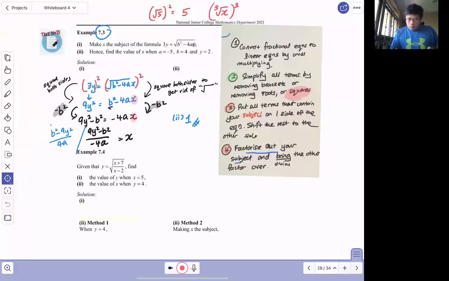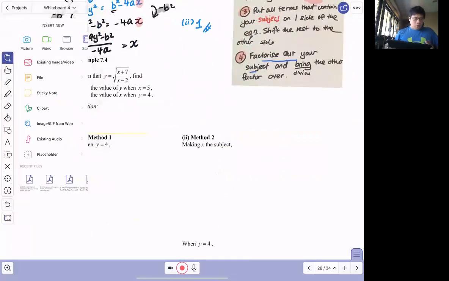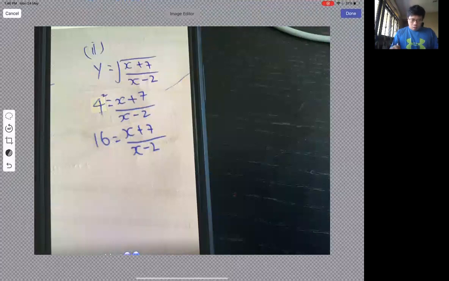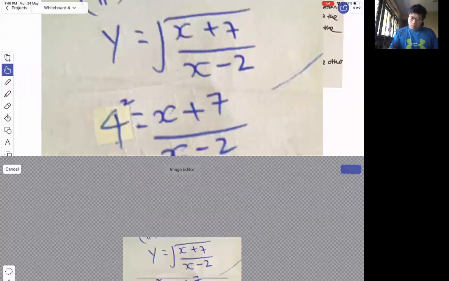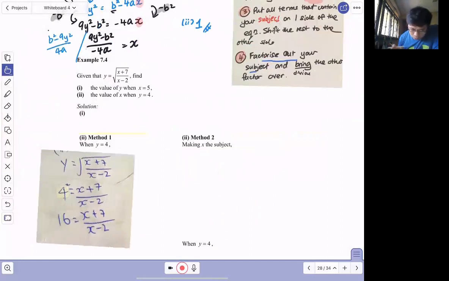One student shared with me this, example 7.4. She said that she's stuck here. What are you supposed to find? Is this part 2 or part 1? Part 2.